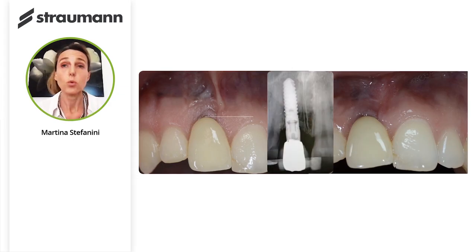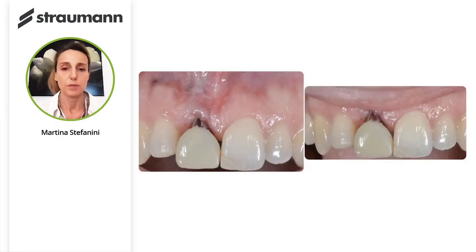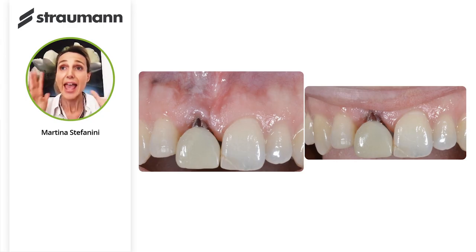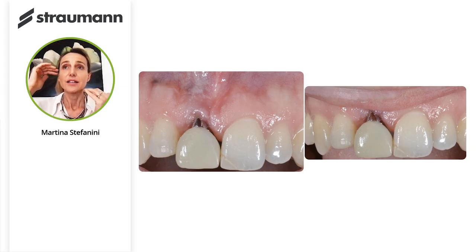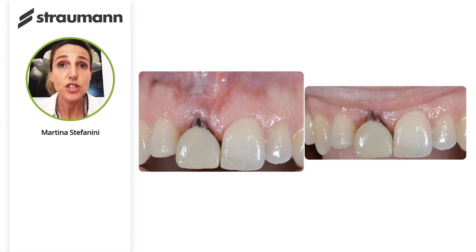The implant was well osseointegrated, so the problem was an aesthetic problem for the patient. So our surgical procedure in this case aims to recreate the supracrestal soft tissue dimension, meaning the right supracrestal soft tissue from the buccal bone crest to the mucosal margin, and increase the thickness of this supracrestal soft tissue.